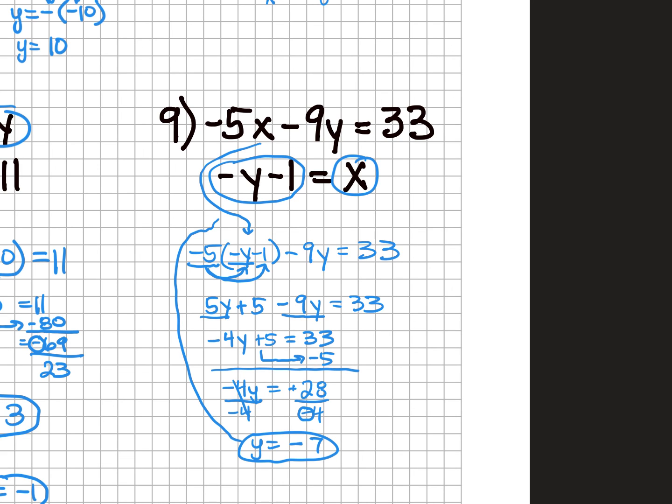You might mess this one up. All right, so x is equal to negative y minus 1. So x is equal to negative, and the y becomes negative 7. So this is another one that has a negative. So a negative 7 is x equals plus 7 minus 1. X equals 6. All right, so there's all the front side.